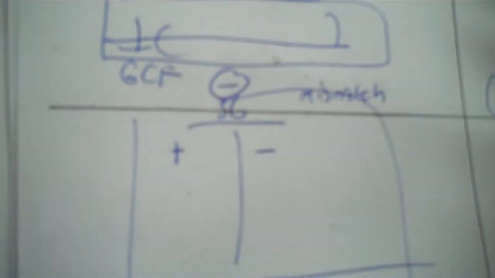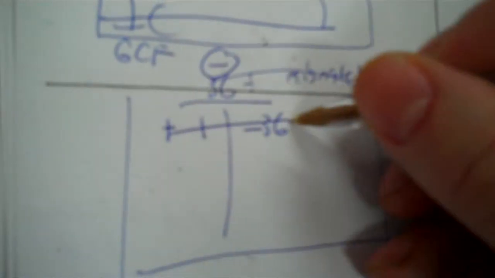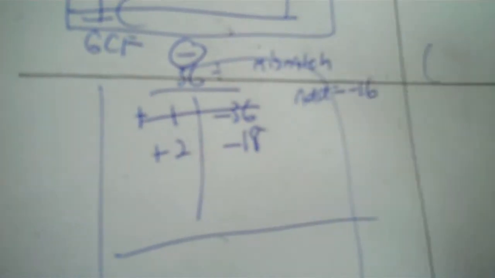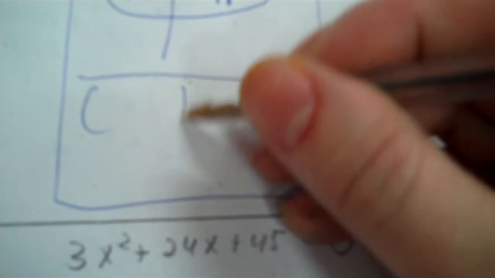A positive times a negative is a negative. And you're adding to the b, negative 16. That adds to negative 35, that's too wide. 36 divided by 2 is 18, and that adds right to negative 16. You trust the process, it'll work. So positive 2, negative 18.